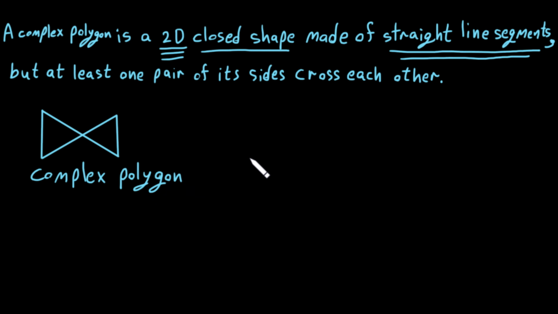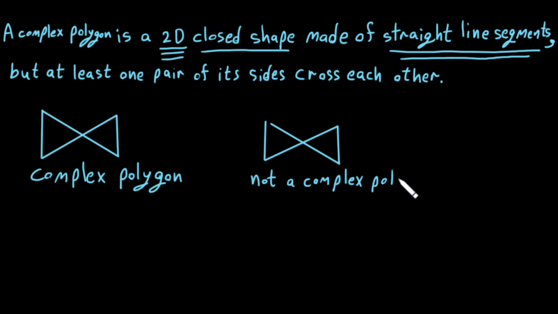Another shape which is not a complex polygon is like this. Almost exactly the same as this one, but here it's not closed. So this is not a complex polygon. Or you can say not even a polygon.